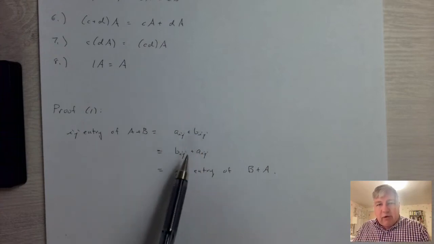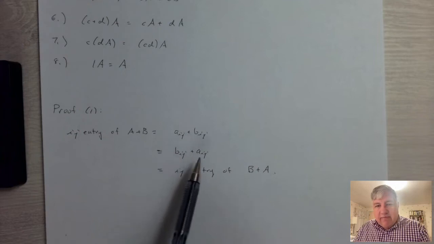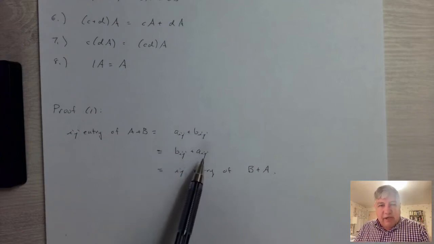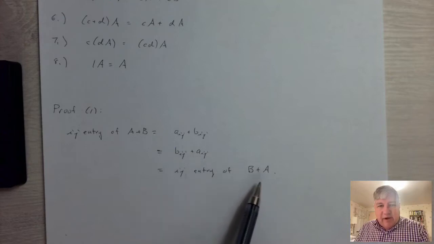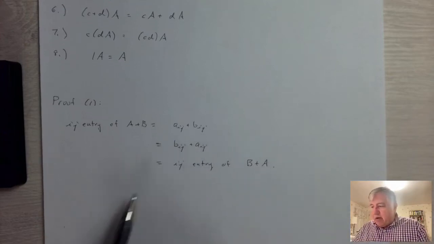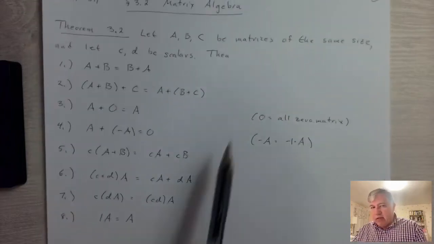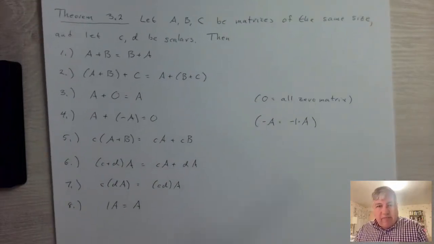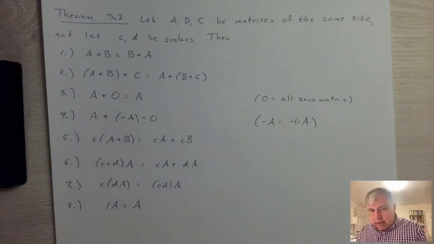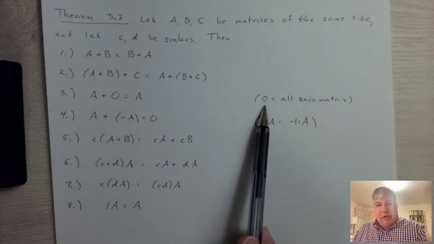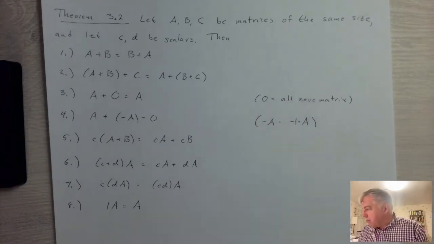And by regular commutativity of addition of real numbers, this is bij plus aij, and that's the ij entry of B plus A. So from there we get A plus B is equal to B plus A. And all of these others can be done basically the same way. So there's nothing really surprising about this, except that we just use this notation for the all-zero matrix.